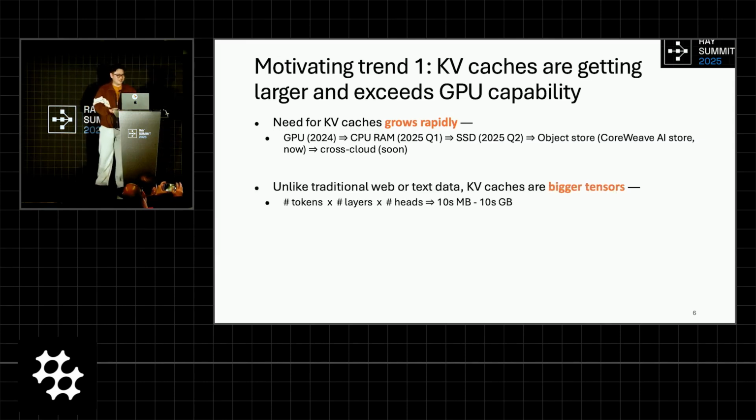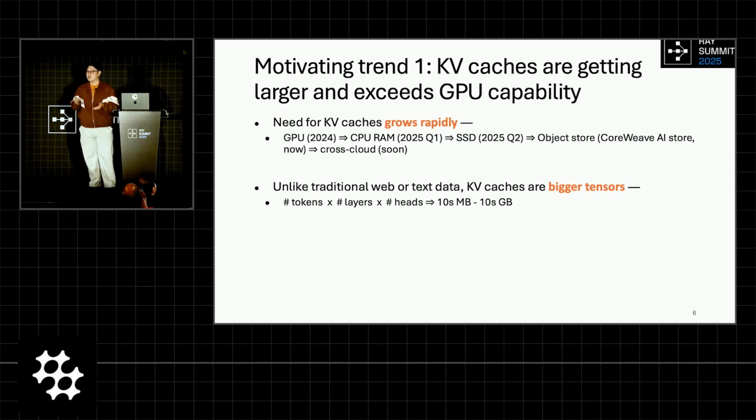Yeah. KV caches as data are very difficult to handle, because unlike traditional web or text data, KV caches are much bigger tensors. For each request we have thousands of tokens, and the size of the KV cache typically scales to gigabytes, just for one single request.